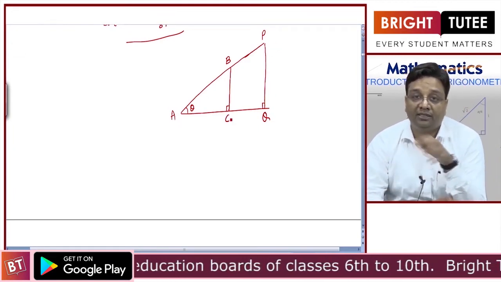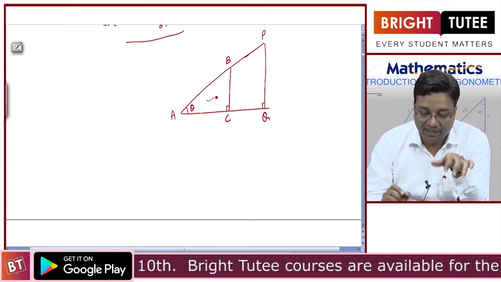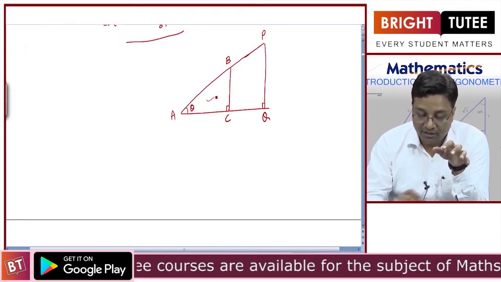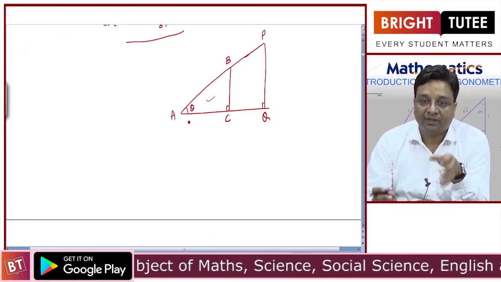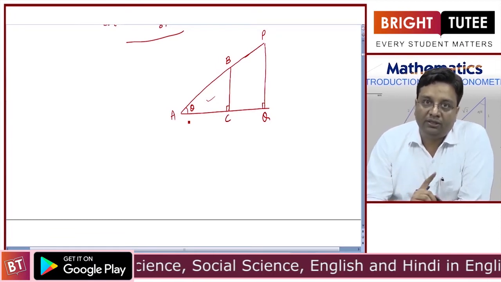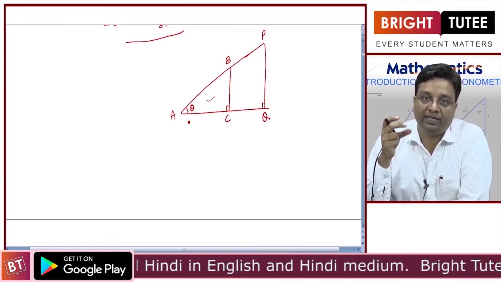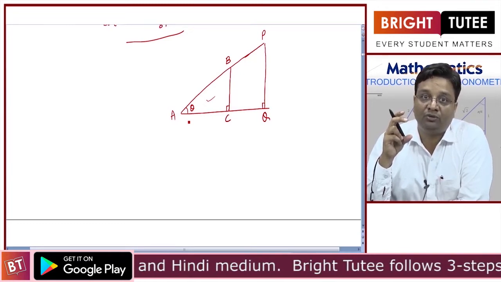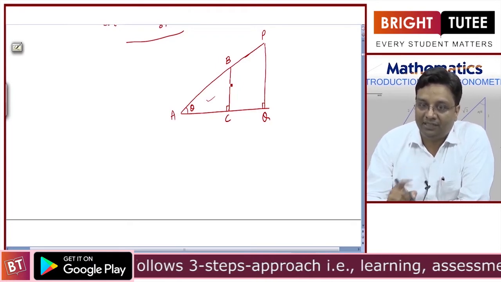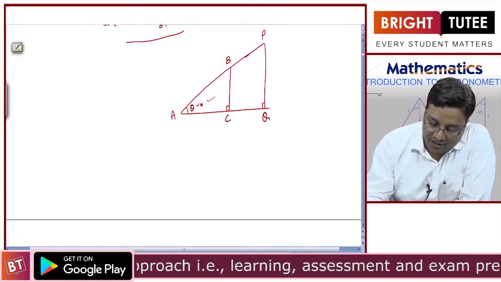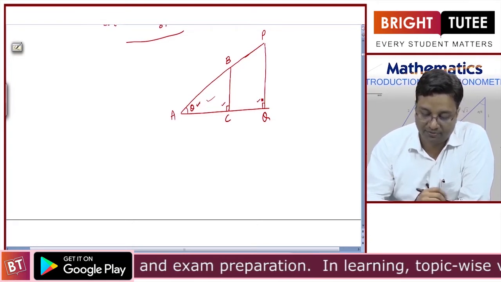So some of the students get confused whether the trigonometric ratios of triangle ABC will hold in triangle APQ also, because this is a different triangle. So students, you need to keep this in mind that these are the ratios of two sides, right? These are not absolute values. So what happens in ratios is, from the similarity chapter you know that these two angles are equal to these two angles, right?